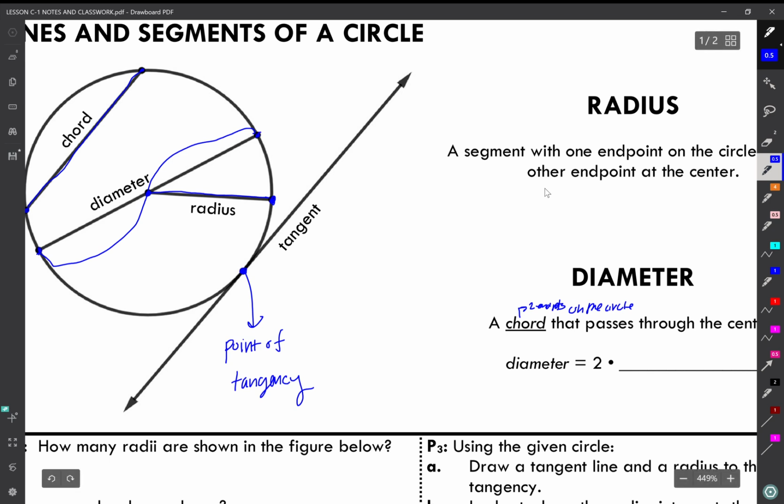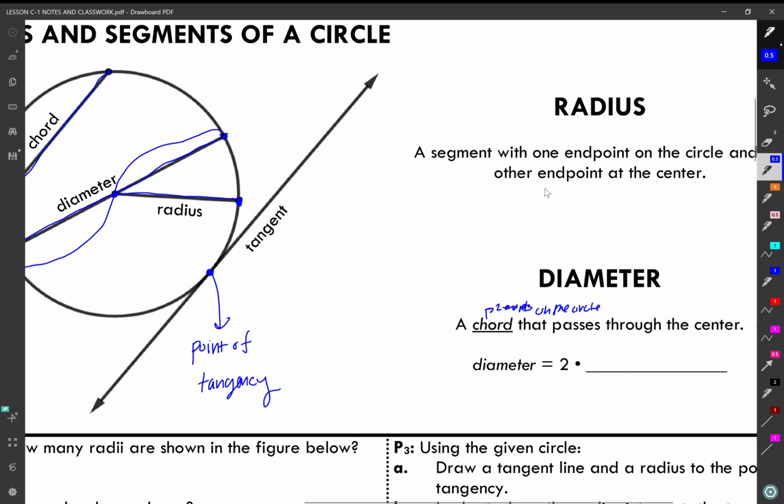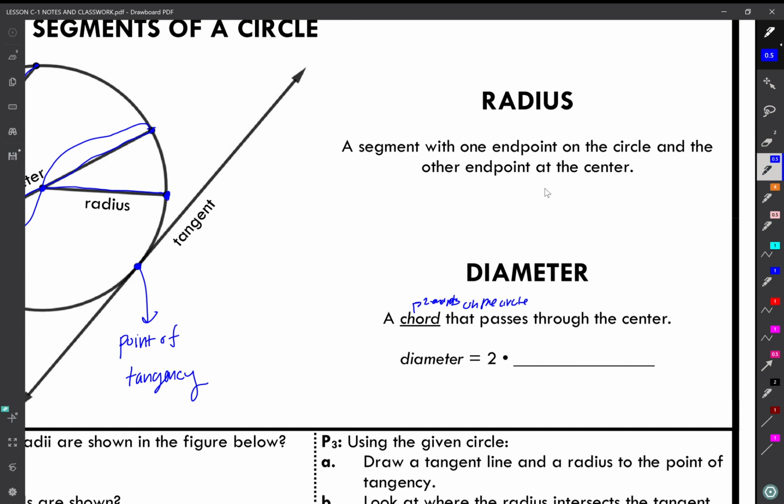It has the 2 endpoints right there on the circle. And then if you look at the line, it of course goes through the center. Okay. Notice that this diameter is made up of 2 radiuses, right? So that leads us to our little example right here. Diameter is equal to 2 times the radius. And we use this mostly when we're talking about the length of the radius and diameter. Okay.